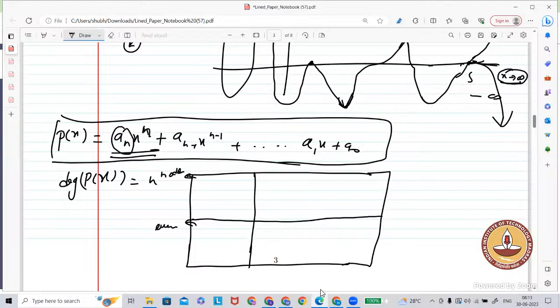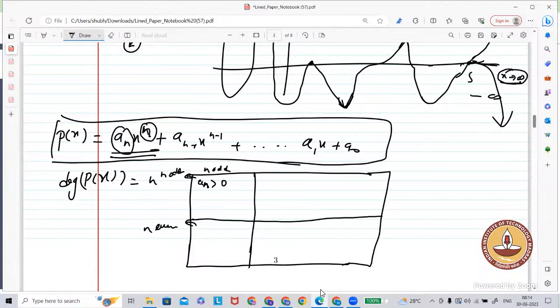Suppose n is odd, and now fix the coefficient of the highest degree, a_n. Suppose that coefficient a_n is positive.